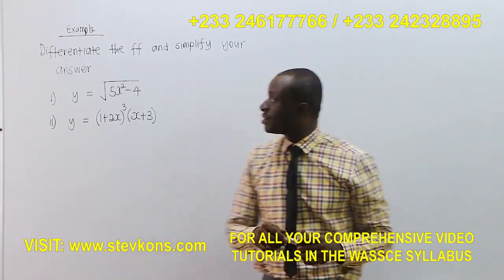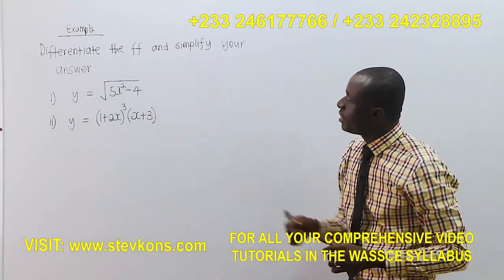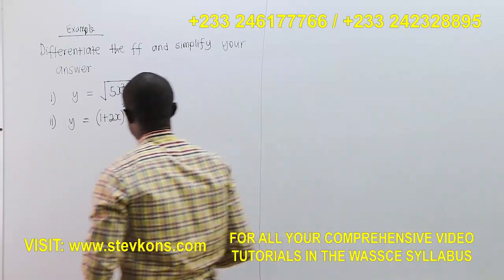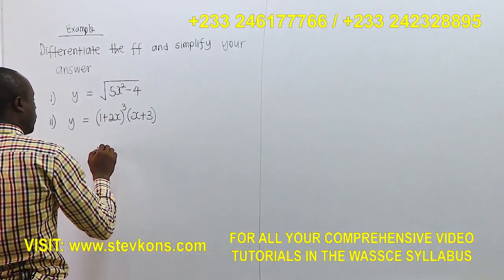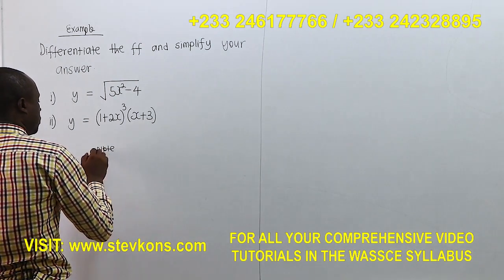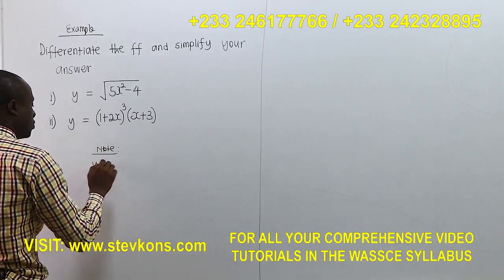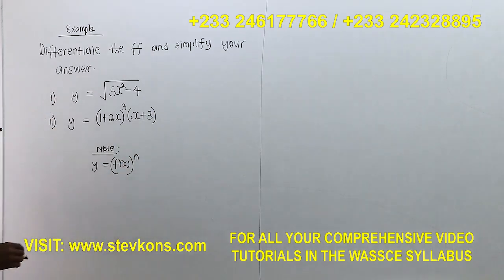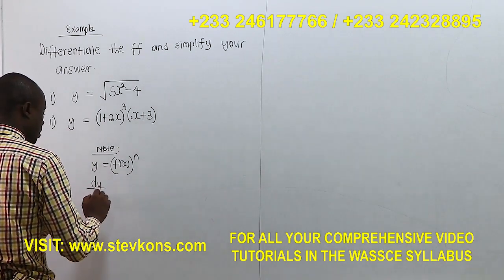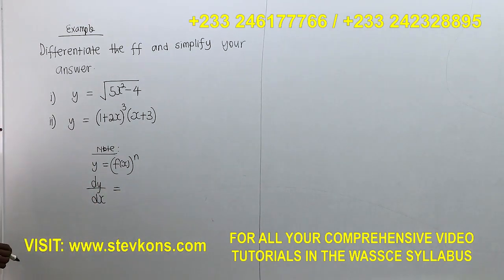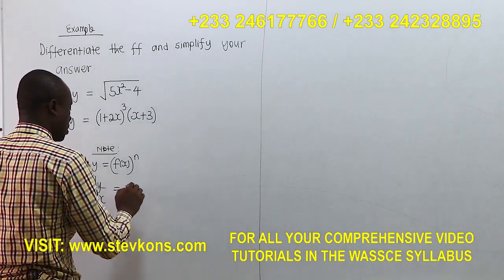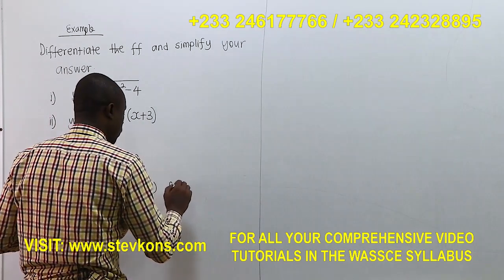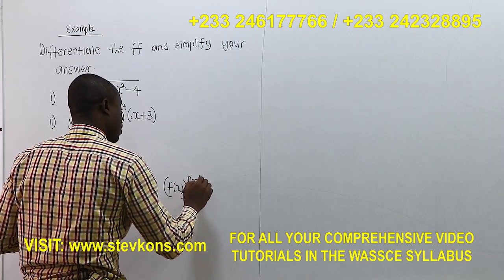Now let's consider this example. Differentiate the following and simplify your answer. Now let's note, if you have y equal to f of x all to the power n, then dy dx, this is a chain rule, so n has to come down, n f prime, you differentiate the inner function, and then you reduce the whole power by 1.